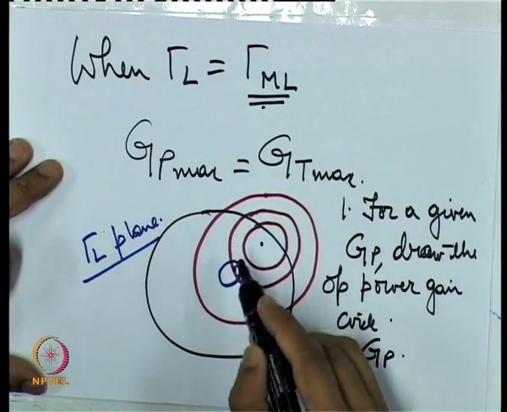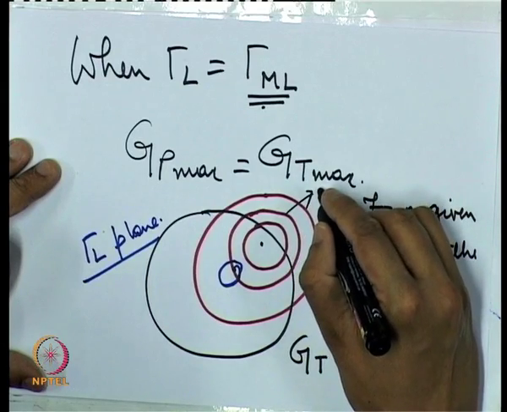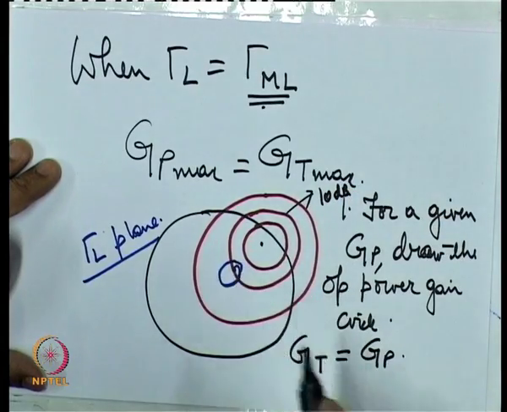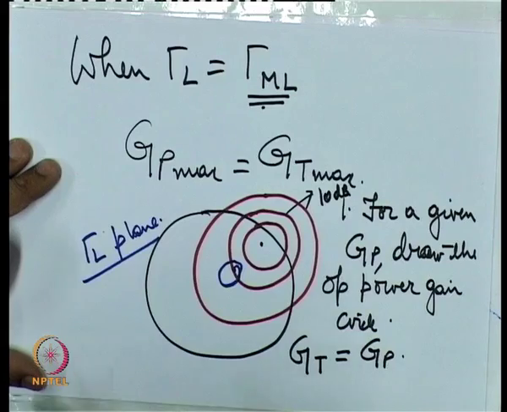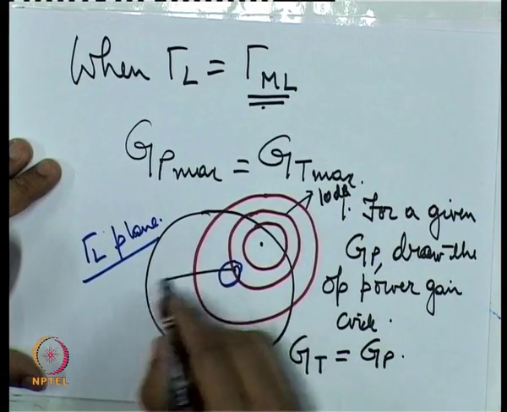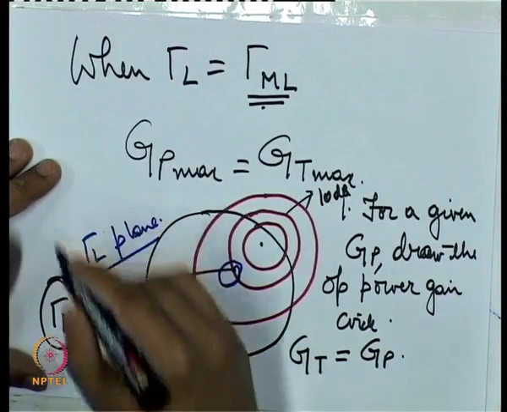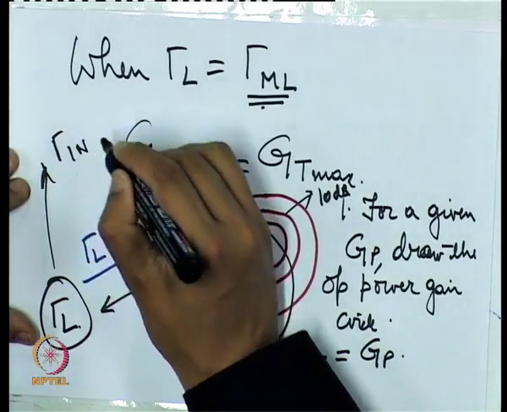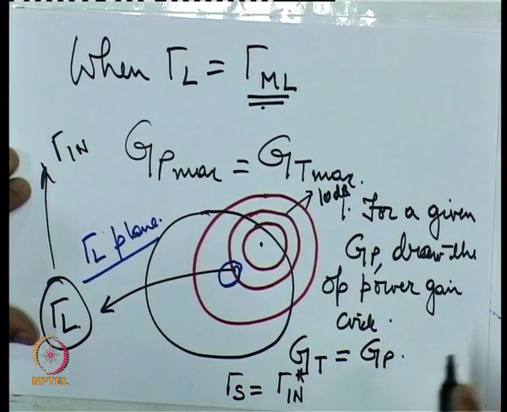Say this is the gain circle. Say you need a Gp of 10 dB, and say this is the 10 dB gain circle. Then you choose a point on the circle that gives you the value of gamma L. From here you get gamma L. Once you get gamma L, you can calculate gamma in, and then gamma S will be equal to gamma in conjugate.